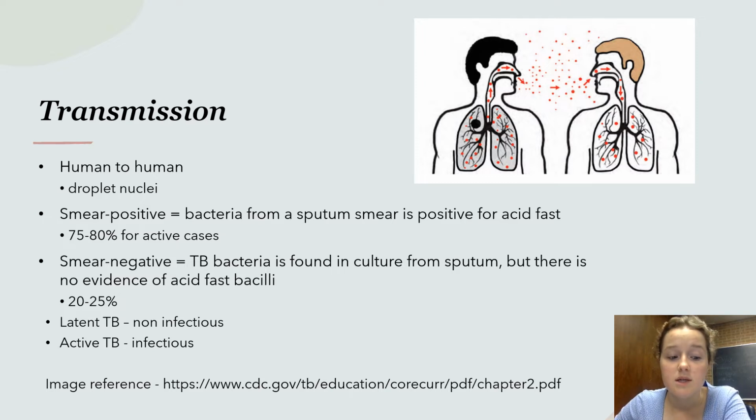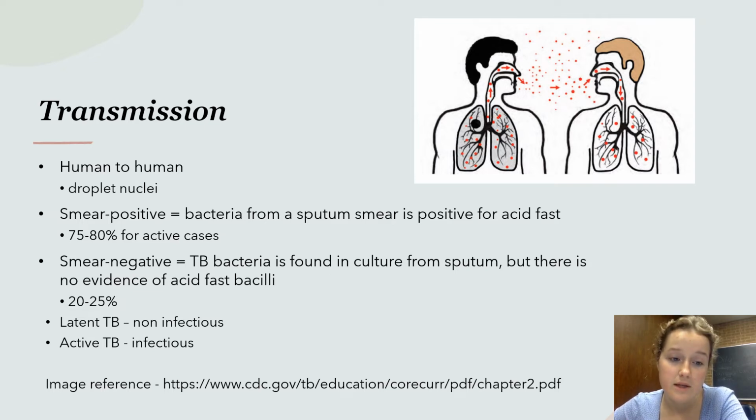This can be decreased by a well-ventilated area or by sunlight, but they can stay for as long as 3 to 5 hours in the air. And when someone releases these airborne particles and someone else inhales them, most get trapped in their mucous membrane, but others arrive in the alveoli and start to generate.